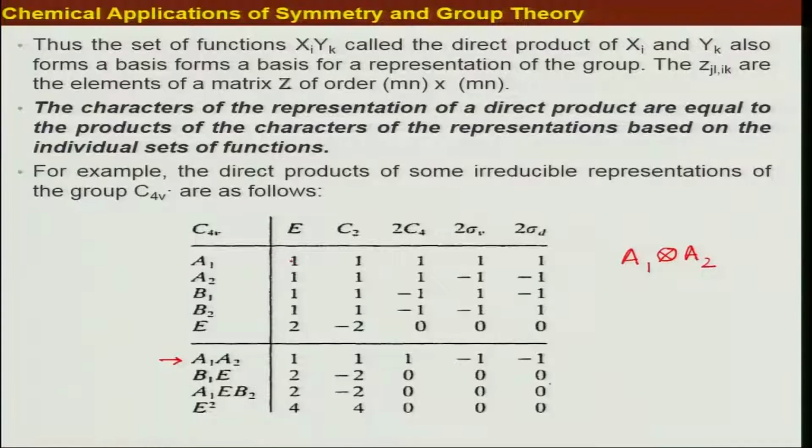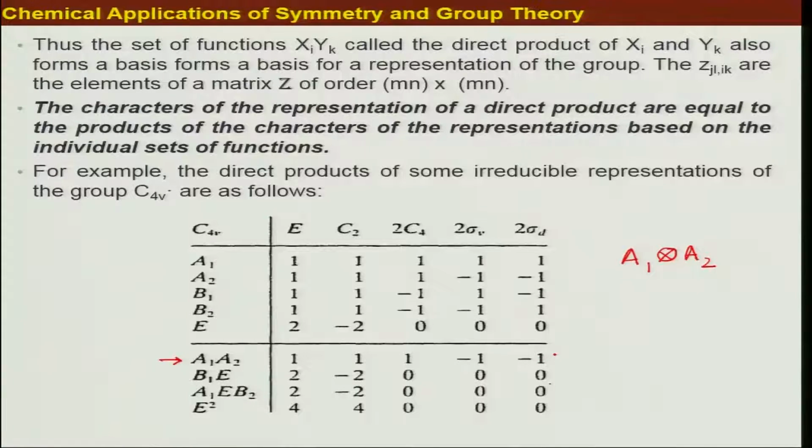So for example, if we want the direct product of A1 and A2, then I take the product of this character and this character, both of which correspond to the same symmetry operation E, but we will not have any crosstalk between them. After this one to one product, we get another representation, which is this here. It can easily be seen that 1 times minus 1 gives minus 1, again 1 times minus 1 gives minus 1.